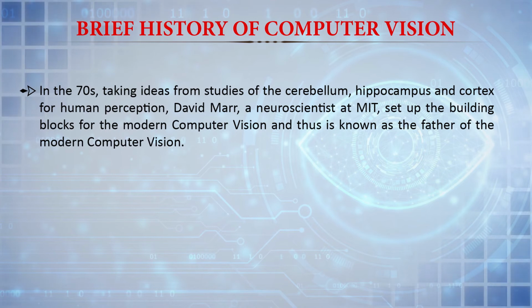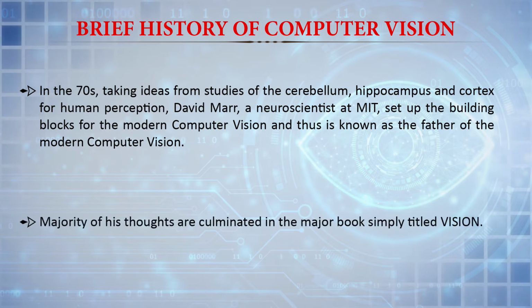So, in the 70s, taking ideas from studies of the cerebellum, hippocampus and cortex for human perception, David Marr, a neuroscientist at MIT, set up the building blocks for modern computer vision and thus is the father of modern computer vision. So, we call David Marr the father of computer vision.